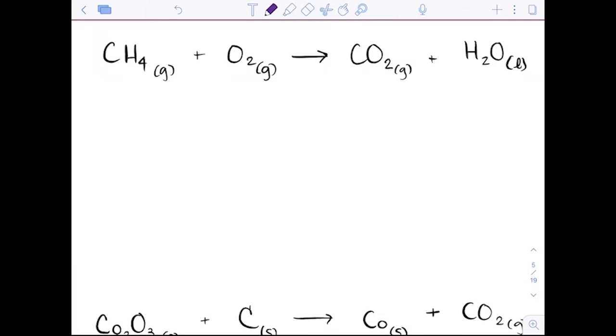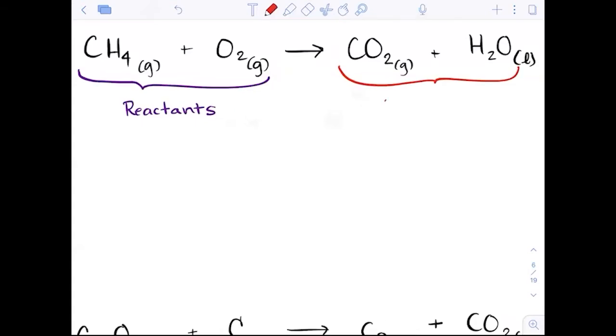This would be like missing some adjectives or missing some articles in a sentence in English. So what we need to do is balance. We need to look on the reactant side and count up how many carbons, oxygens, hydrogens, how many do we have? And we need to be able to compare it over here to the product side.